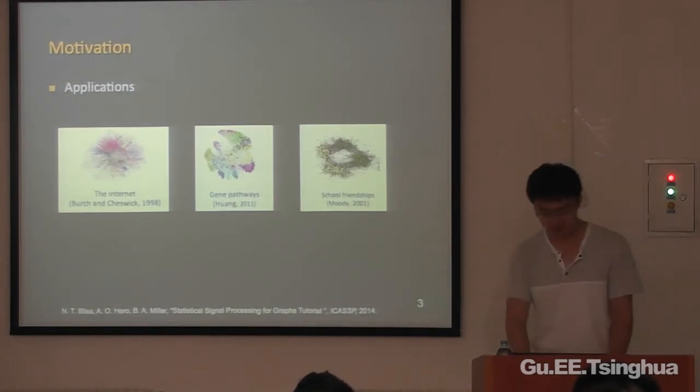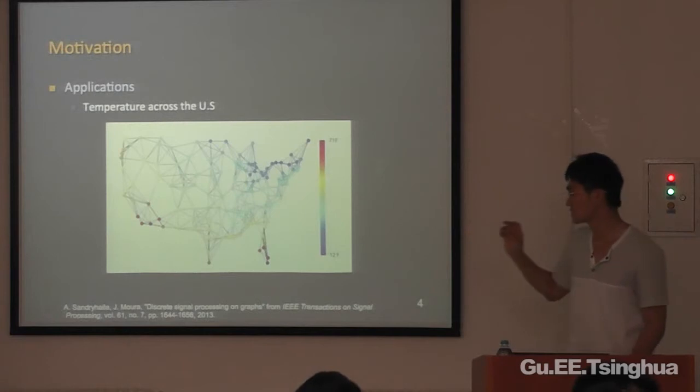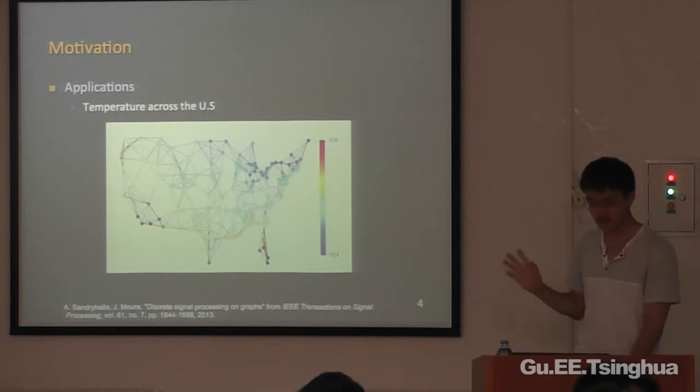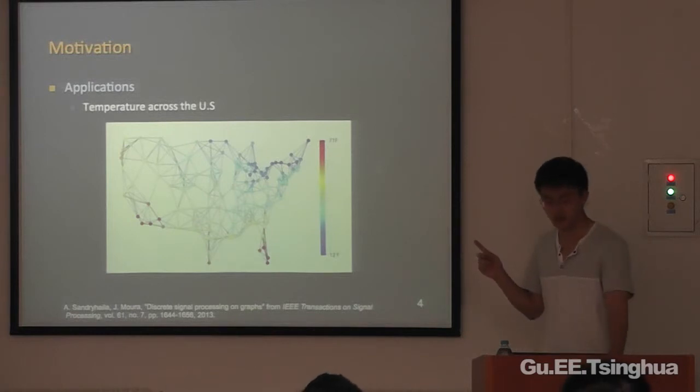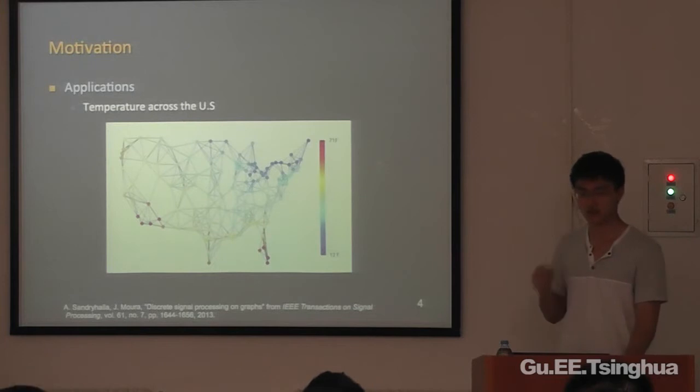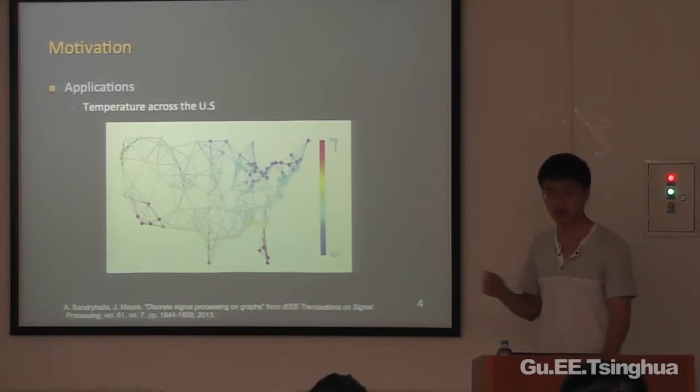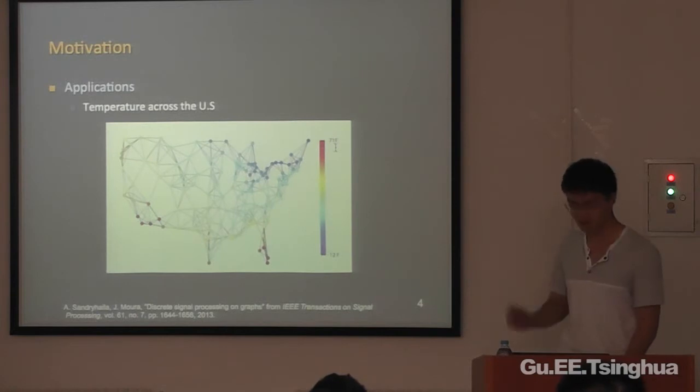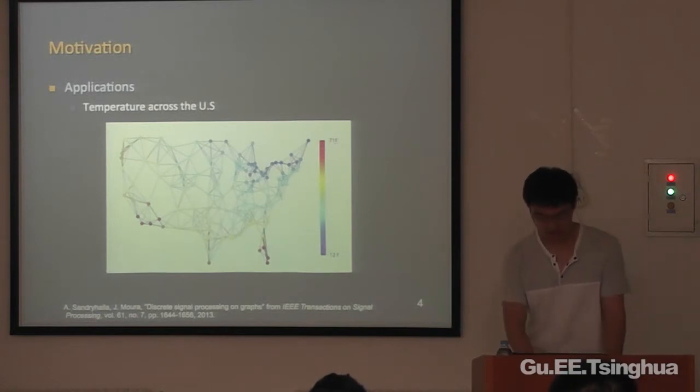Now I just want to zoom into a very specific topic and motivate from a very tiny example: temperature. Here are the temperatures measured from 150 weather stations across the United States. The color shows the temperature value from 12 Fahrenheit to 71 Fahrenheit. For example, the hottest part is Miami at 71 Fahrenheit.